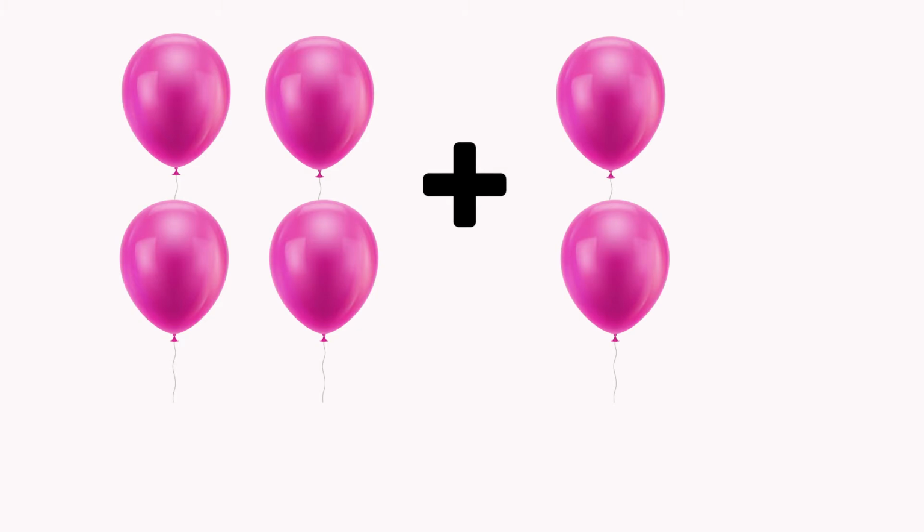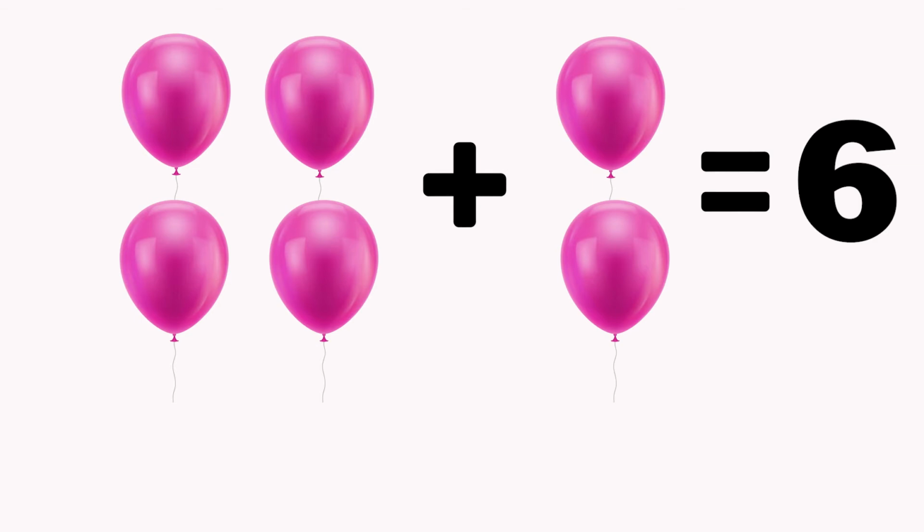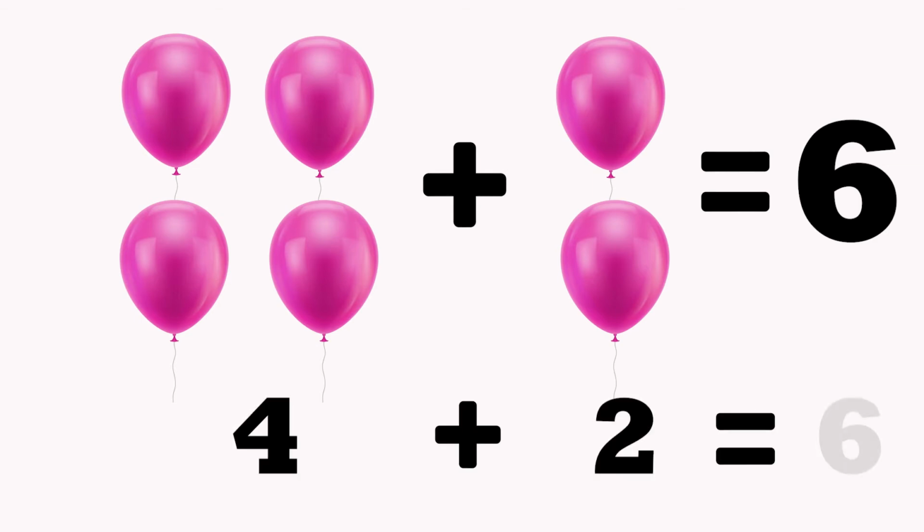Now we will count all together and find the total number of balloons. 1, 2, 3, 4, 5 and 6. So in total we have 6 balloons. So 4 plus 2 is equal to 6.